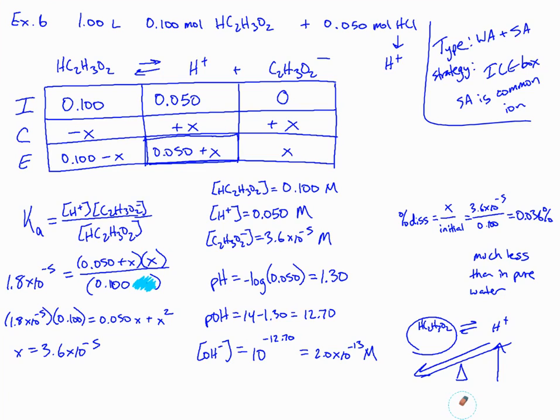Looking at it visually helps me, maybe does with you, maybe not. But that makes the acetic acid reaction favor the reactant, acetic acid, rather than the products, hydrogen and acetate.